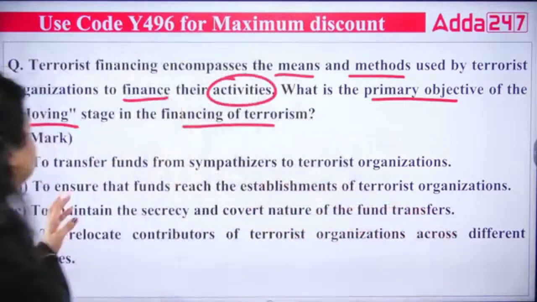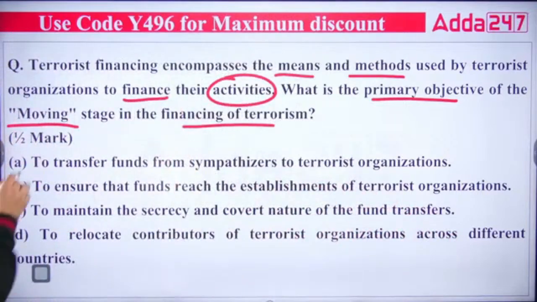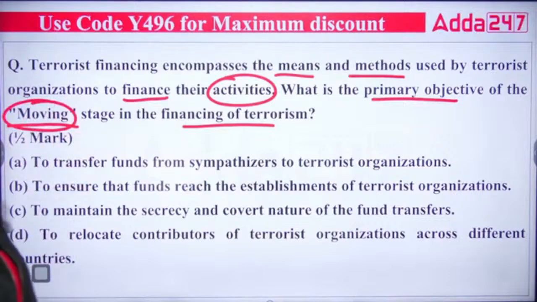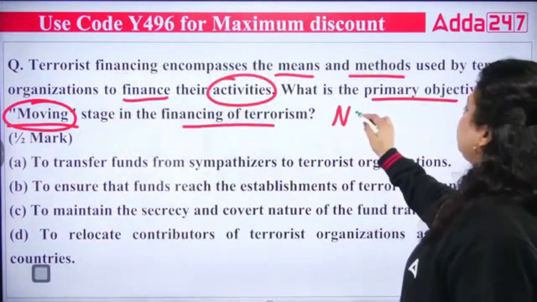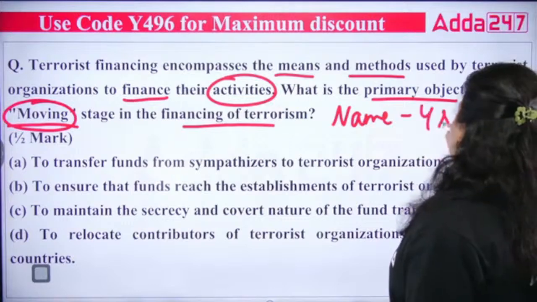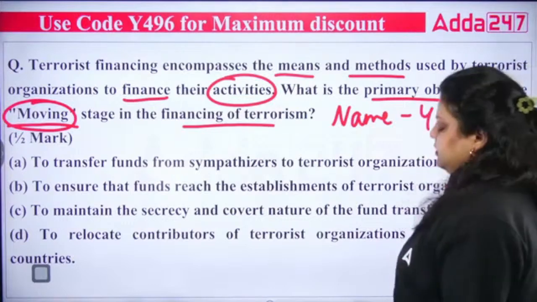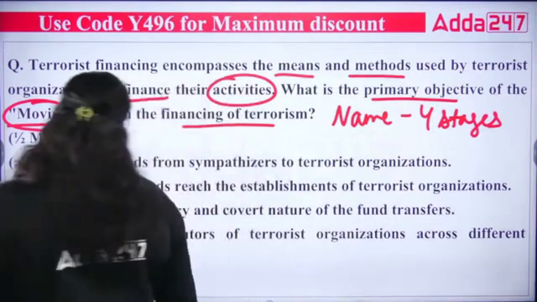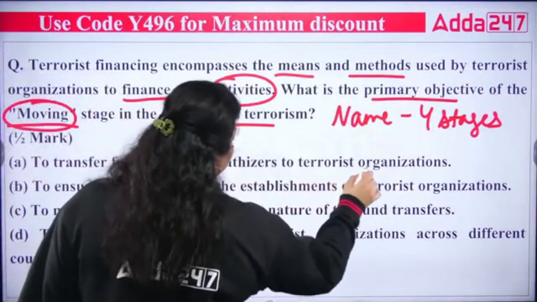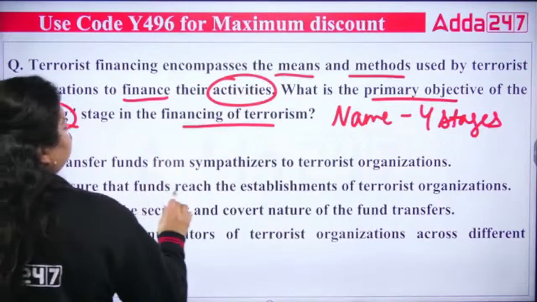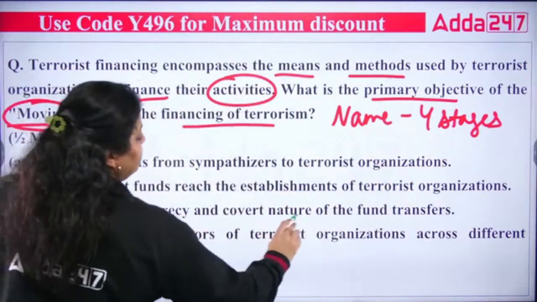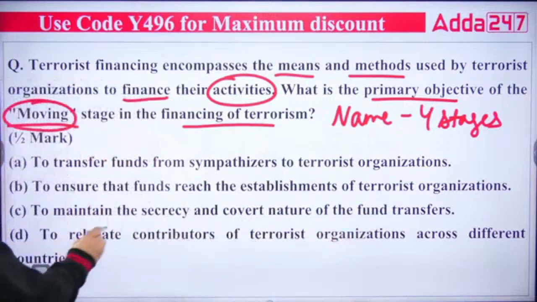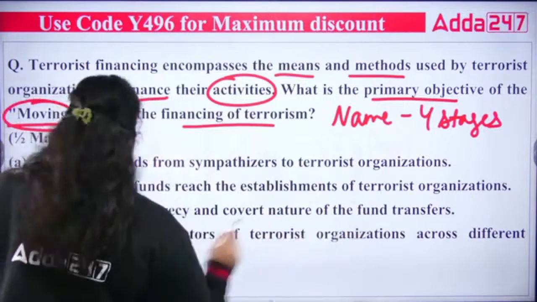So here the question is asking, out of the 4 stages, what is the moving stage actually for? Apart from moving, what are the other stages? You have to answer me. Name the 4 stages of terrorist financing. The options are: A, to transfer funds from sympathizers to the terrorist organization; B, to ensure that the funds reach the establishment of the terrorist organization; C, to maintain the secrecy and covert nature of the fund transfer; D, to relocate contributors of the terrorist organization across different countries.